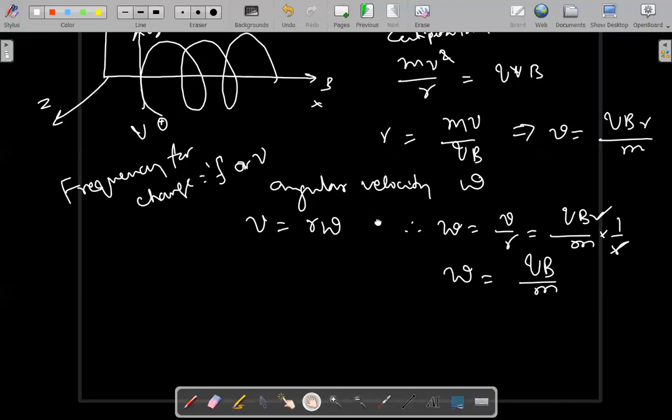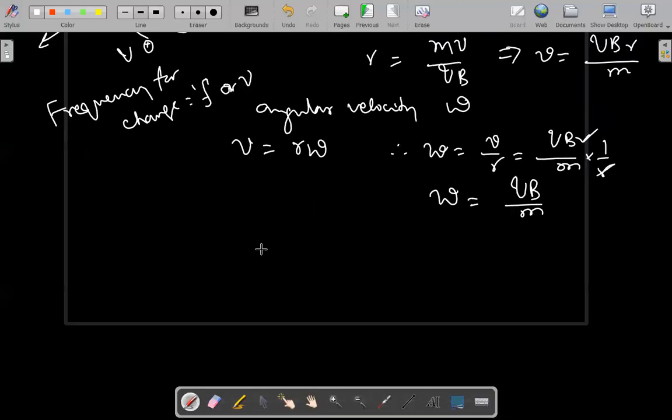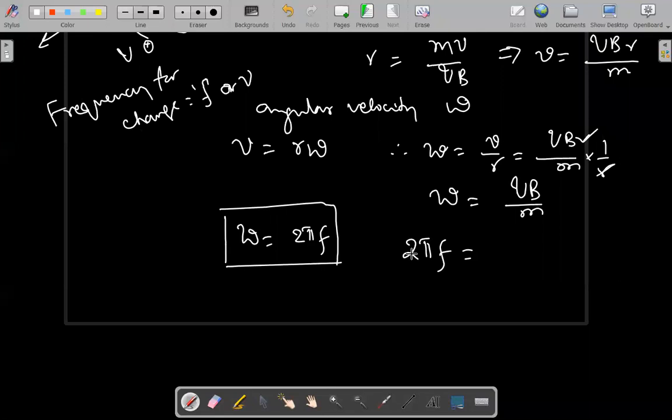Then omega is equal to 2 pi f. Omega is given as 2 pi f. So you can consider now 2 pi f is equal to qB by m. So the frequency f is equal to qB divided by 2 pi m.